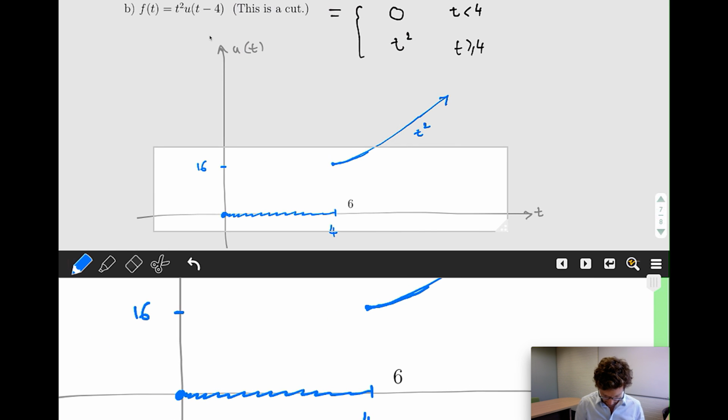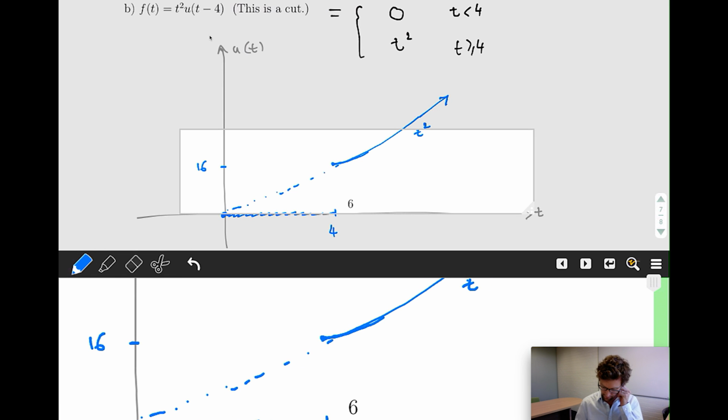So you notice that this is almost like a continuation of the function t squared, except that it's been cut off for values of t less than 4. In fact, we call this a cut. When a function of t is multiplied by u of t minus c, then it's going to look like that function, except it's cut off for values before that.